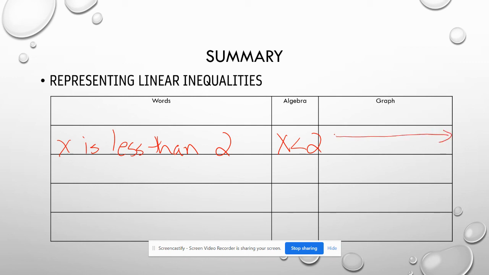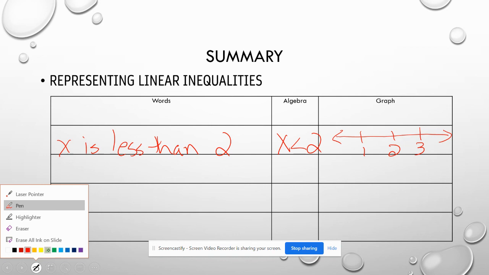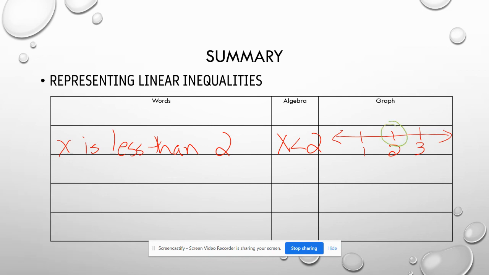And on a graph, we're going to have an open circle at 2. Less than is going to negative infinity.